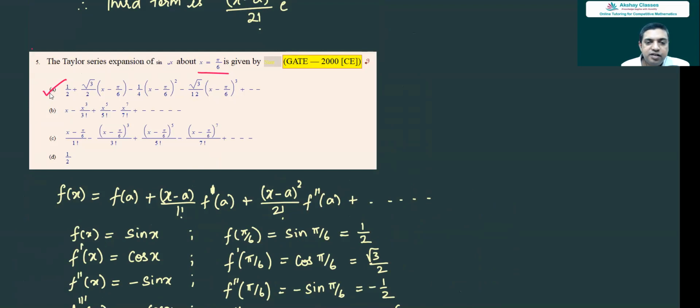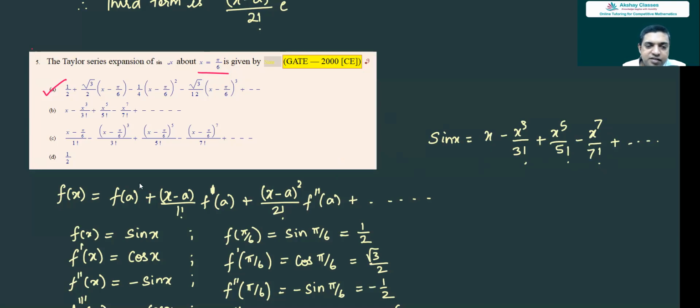Now students generally in haste can make this mistake that sine x is x minus x cube by 3 factorial plus x power 5 by 5 factorial minus x power 7 by 7 factorial and so on. So if I have to expand about x equal to pi by 6, I replace x by x minus pi by 6, x minus a.